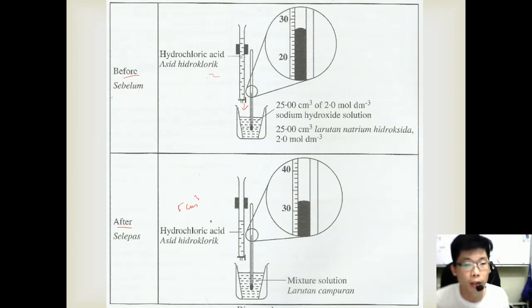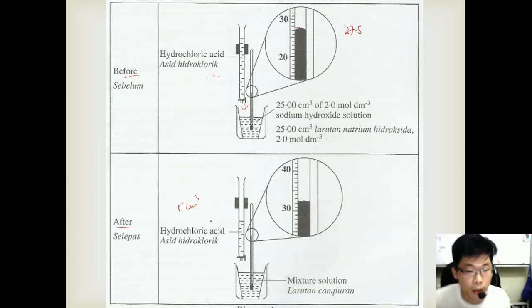So the first question normally we're asking the student to read the value of the apparatus. Okay, so based on the diagrams here, we can read the reading of the thermometer. It will be 27.5. Okay, 27.5.